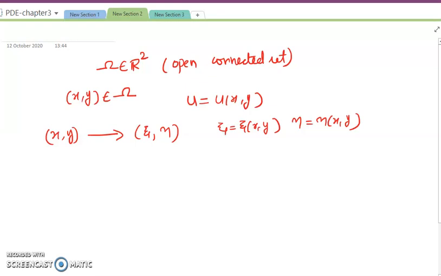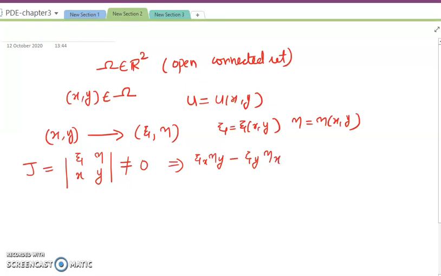Such a transformation is possible if the Jacobian is not equal to 0. That is, xi_x eta_y minus xi_y eta_x is not equal to 0. Then such a transformation of the coordinates, which corresponds to a non-singular transformation, is possible.